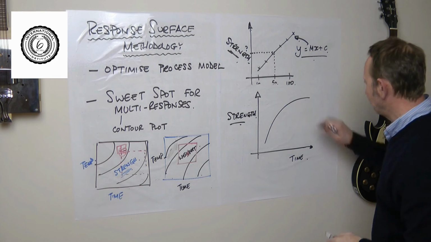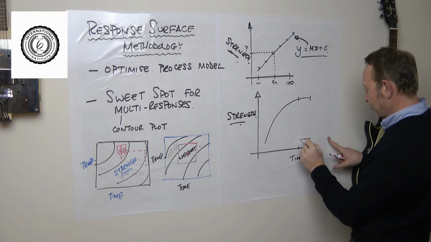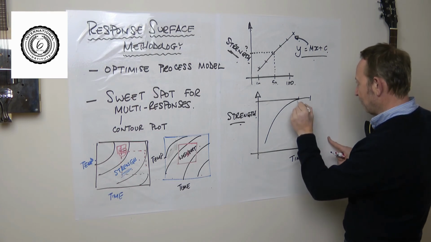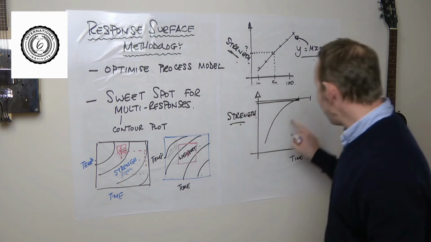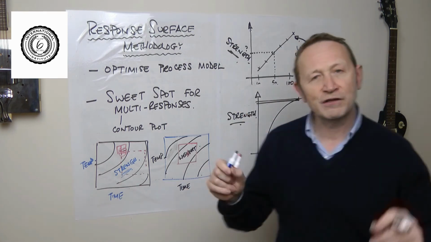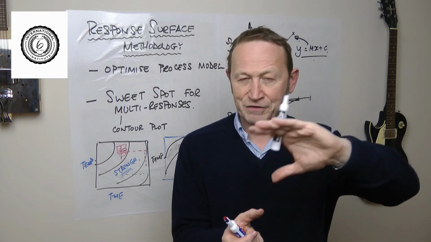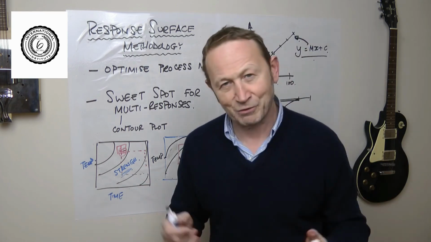Alright. Now, look, this region here, I can move time backwards and forwards. What happens to my response? Well, it moves almost imperceptibly. That is a region of robustness. So these areas of the flat spot, it doesn't always have to be the maximum or the minimum, by the way.